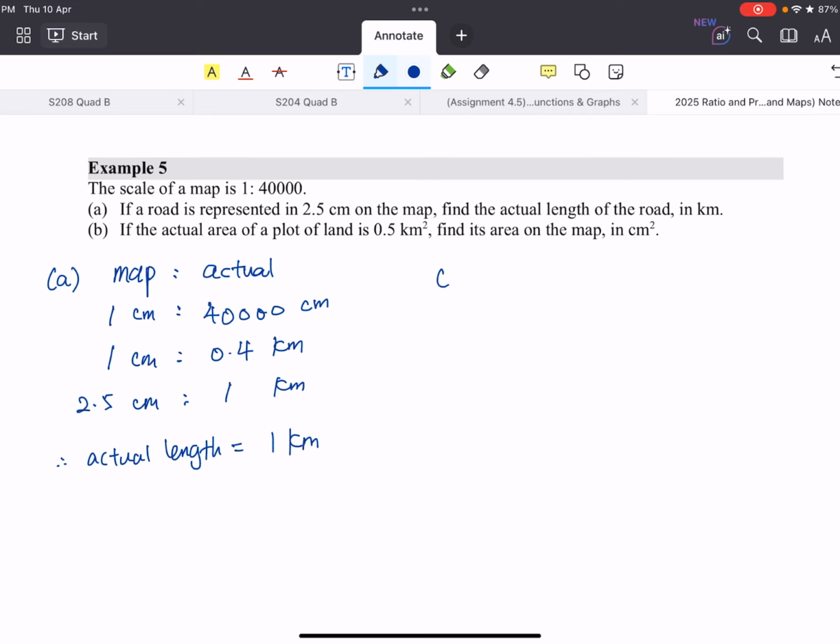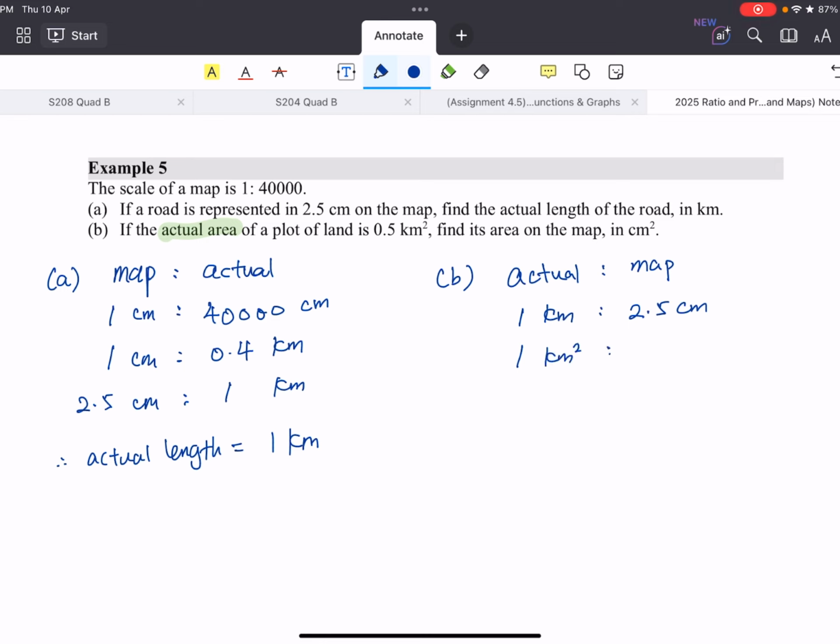Okay, part B. This time round we're dealing with area, right? Take note, we're dealing with area. So we are given the actual first. So actual is to map, right? We already know that 1 kilometer is actually 2.5 centimeter, right? So if we were to find it in terms of area, we square it.